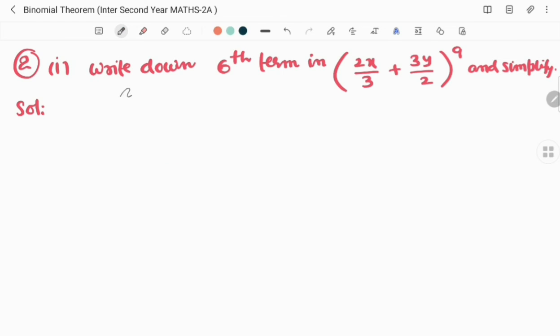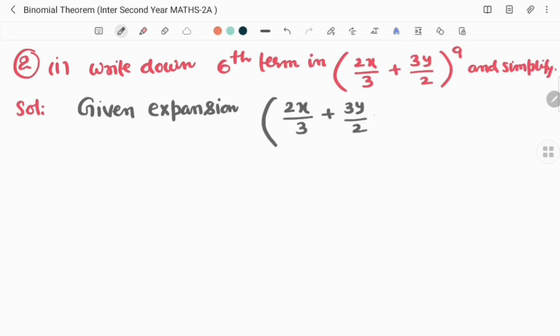So first, the given expansion (2x/3 + 3y/2)^9.